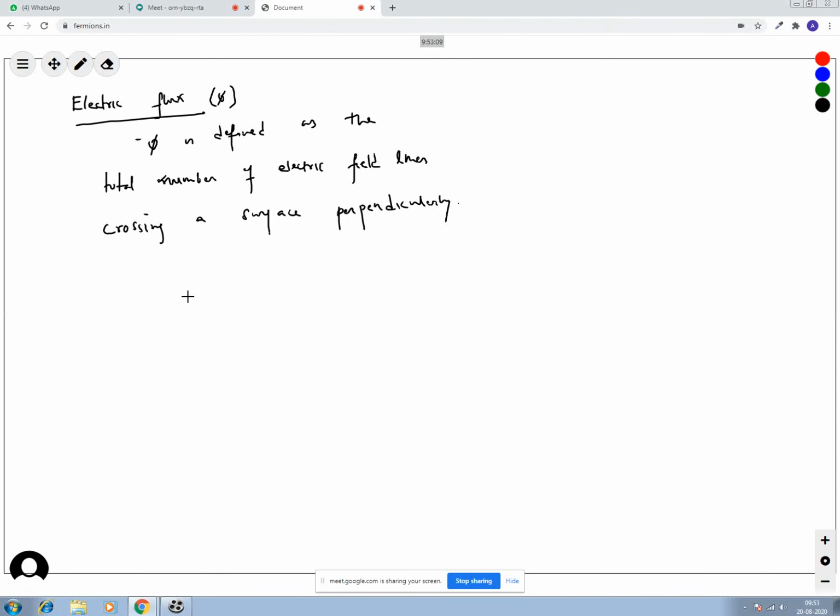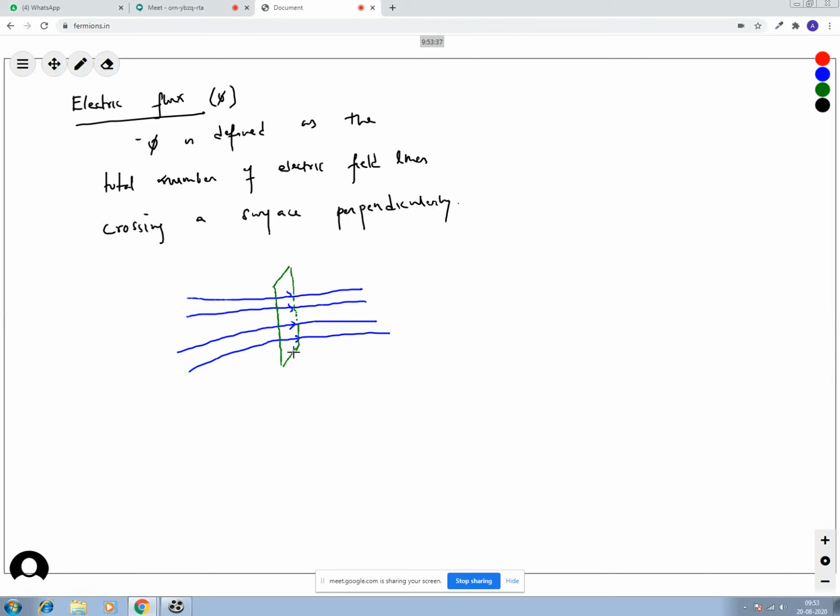Imagine this is a region where electric field is present. Electric field lines are our mathematical representation of electric field. Now if I draw an imaginary surface here, why are we doing this in the first place?